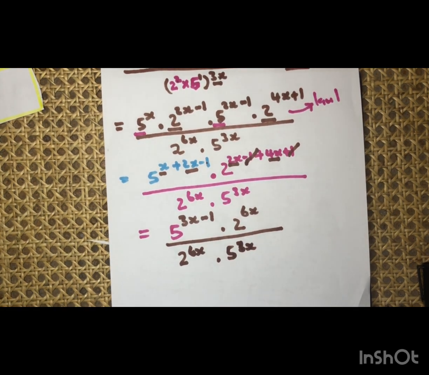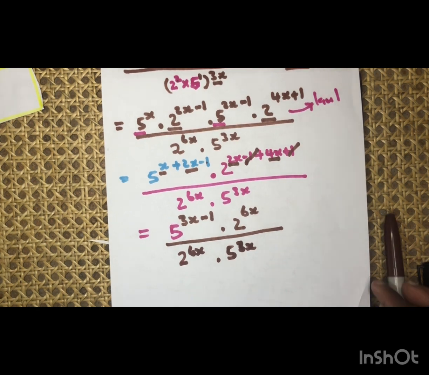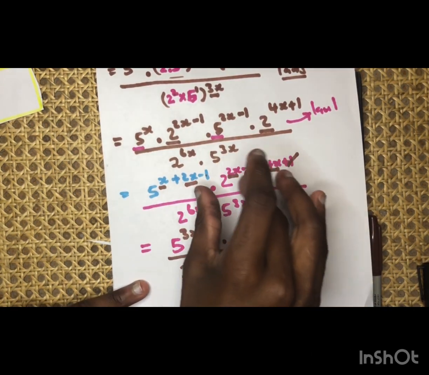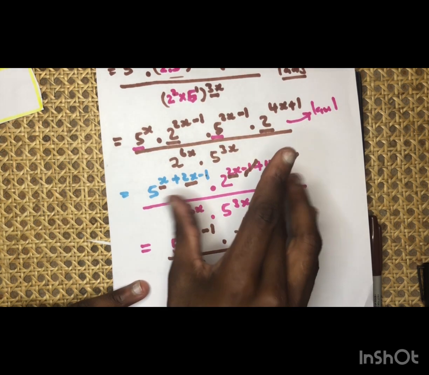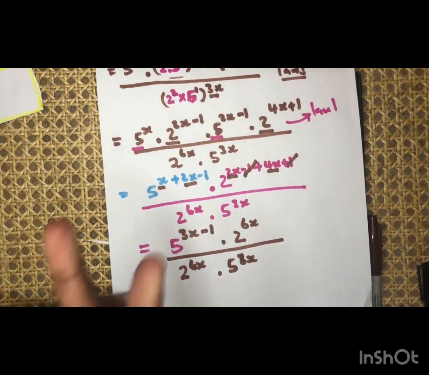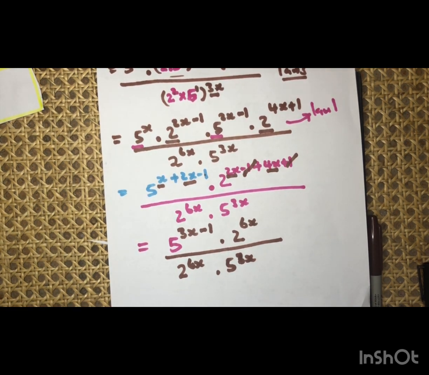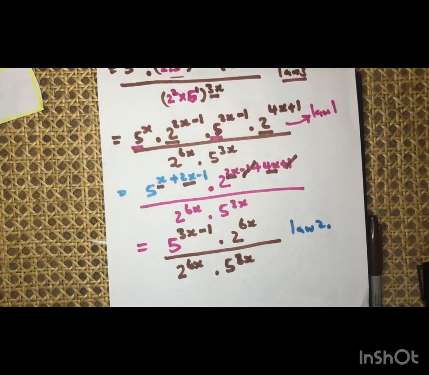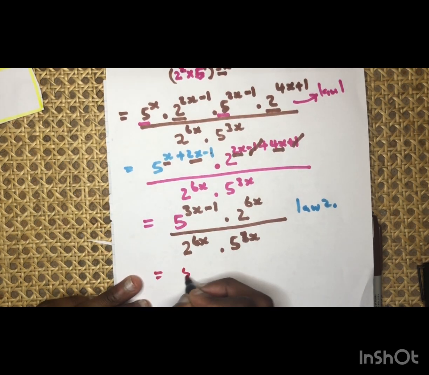Now, which law do you need to apply? Immediately after I simplify the numerator, the exponents of the numerator and the exponents of the denominator, I'm going to apply law number 2. So I'm going to take everything to the top. So here I have 5.